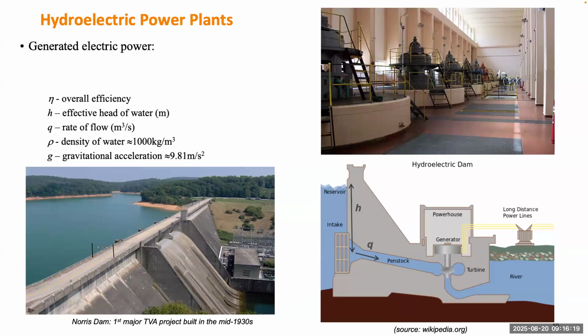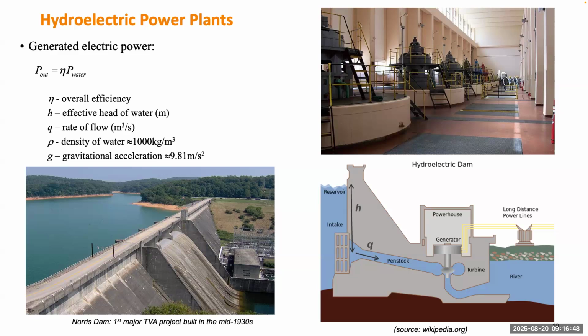So the calculation of the energy or power generated by this hydropower plant is very easy. The output power will be equal to the efficiency multiplied by the energy carried by the water. The efficiency can be very high because it doesn't involve any heat; it's basically just converting the mechanical energy of the water to electric energy.